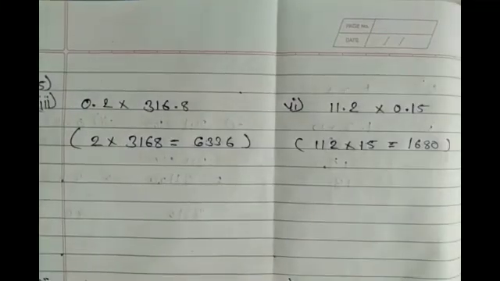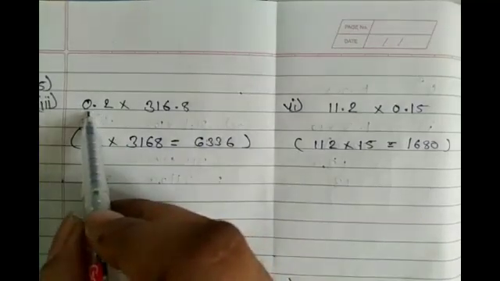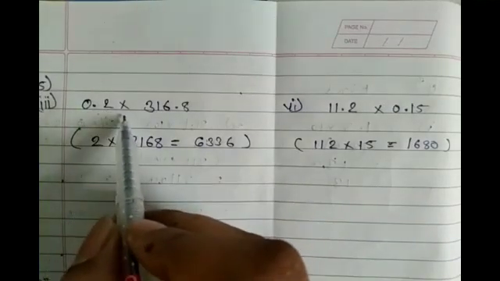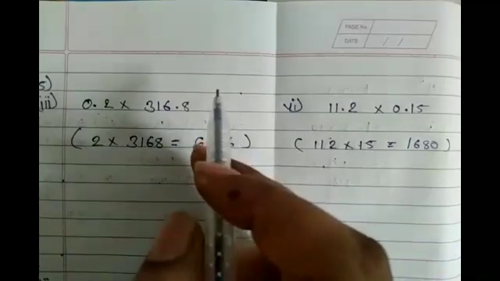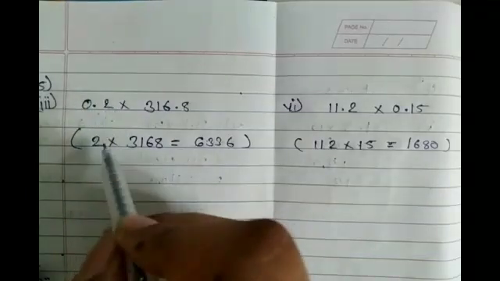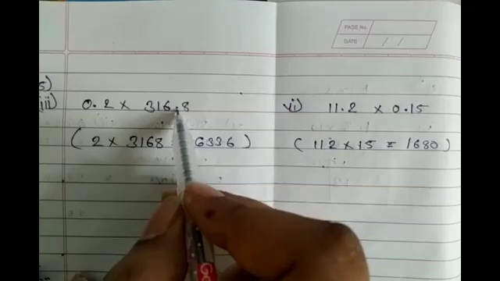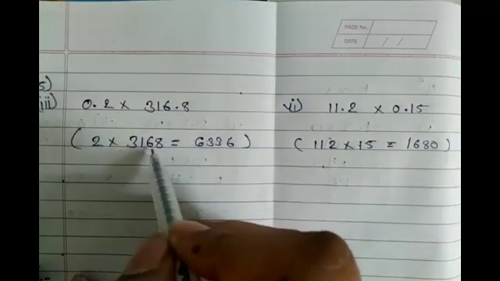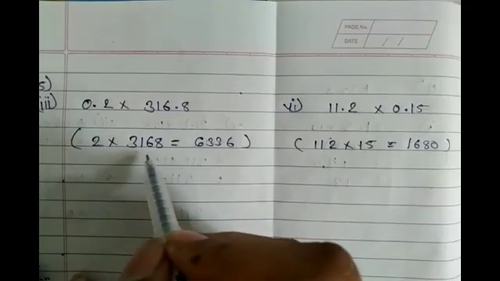Let us start our question number 5. The third sum, 0.2 multiplied with 316.8. So first we ignore the decimal. When we ignore the decimal from this part, we write just 2. And after ignoring the decimal from here, we write 3168. Now do the multiplication ignoring the decimal.